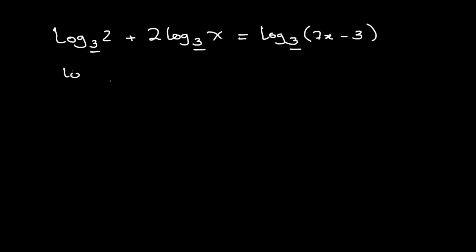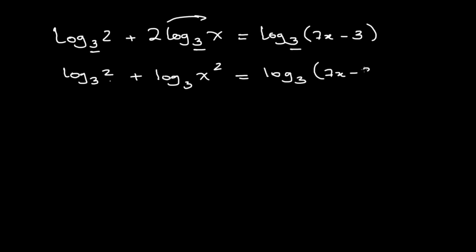So I'll have log 3, 2, I'll keep it like that. Then this, I'll try and take this back in, okay? So this becomes x2 like that. Then is equal to 3, 7x minus 3.